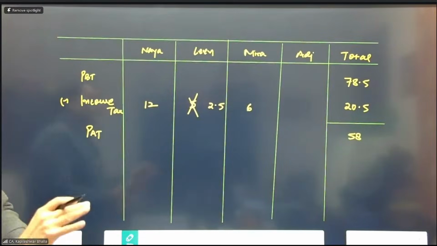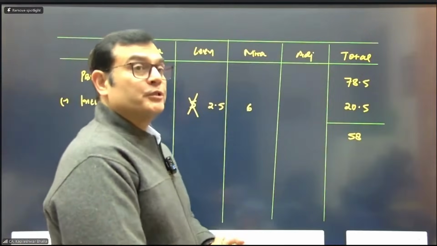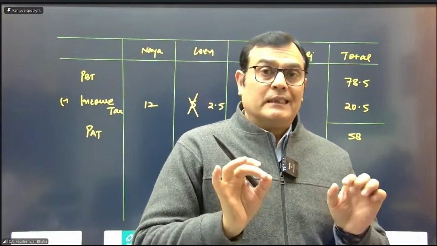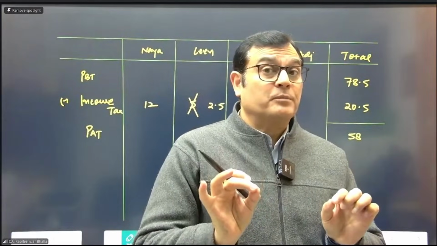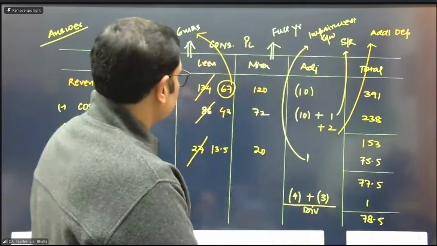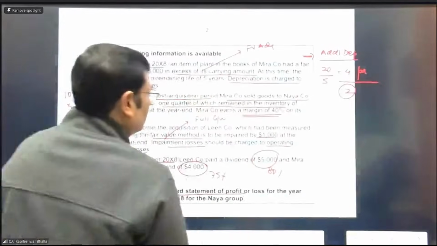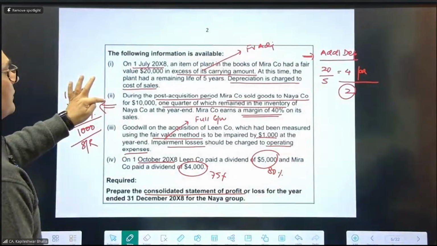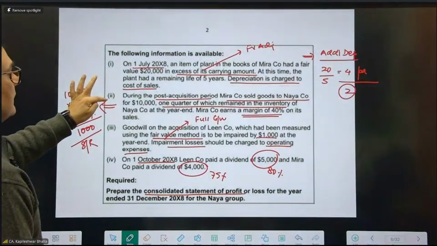Okay. Now I think it's time to go back to the additional information, see if there is anything else which is left over. Otherwise, this profit is to be divided between the NCI and the parent. So I think if we come back on the data now, so point number 1, depreciation done. Point number 2, stock reserve intercompany sale done.